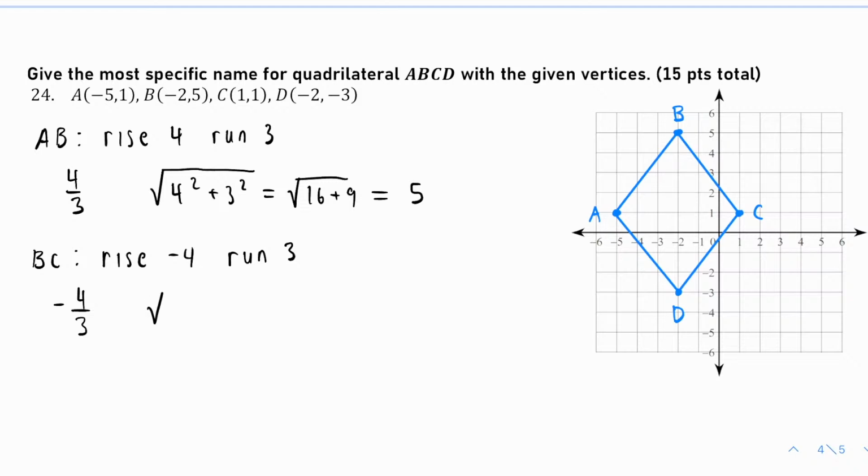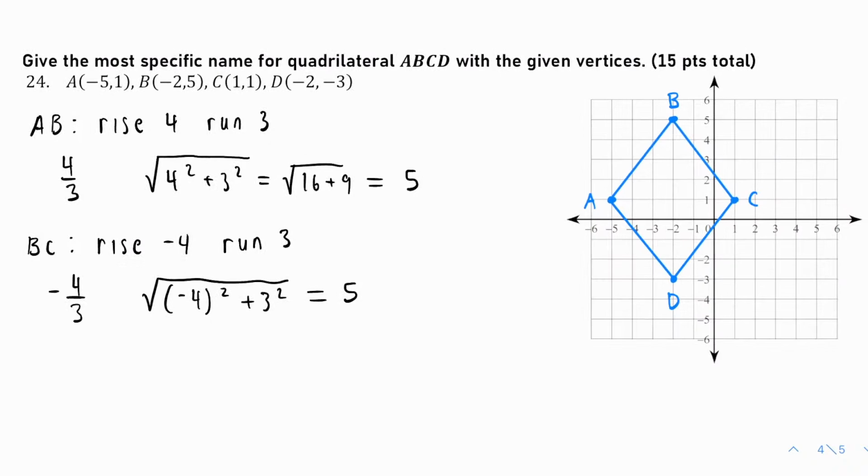But then when you do the length, turns out that negative 4 squared is the same thing as positive 4 squared. So mathematically, you're still doing that. You end up getting 5 again. So look at that. We've got at least one pair of congruent sides.